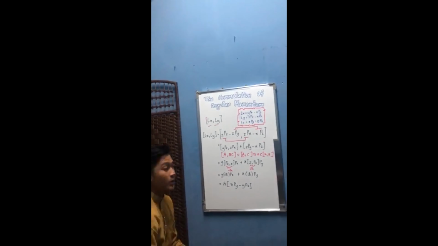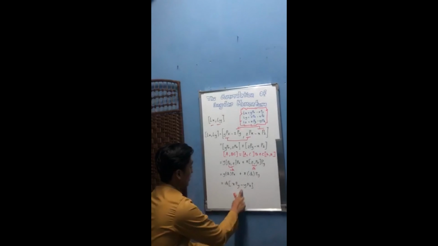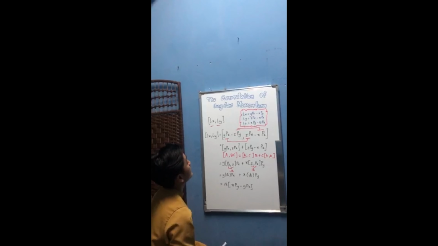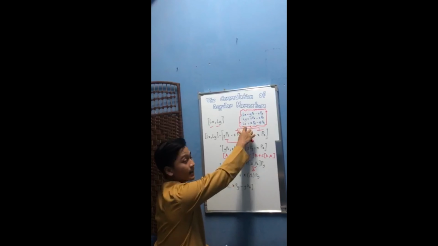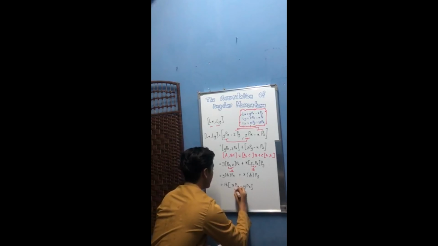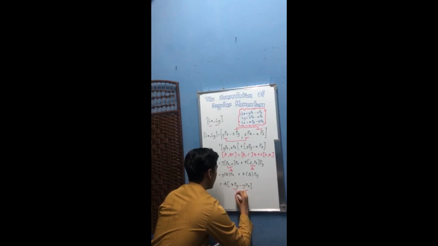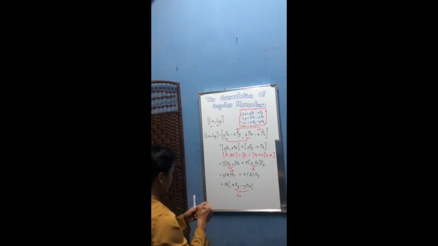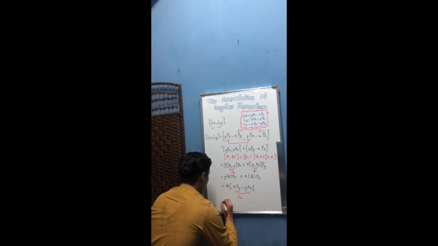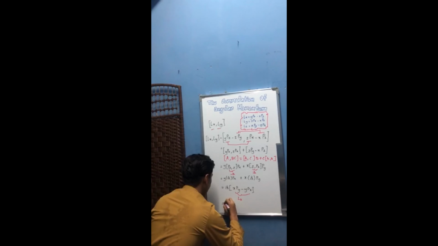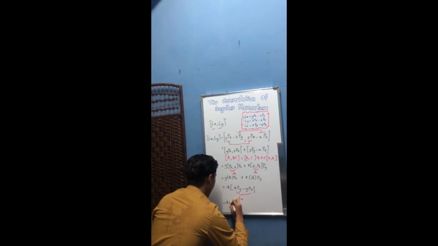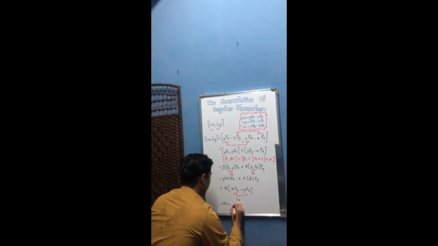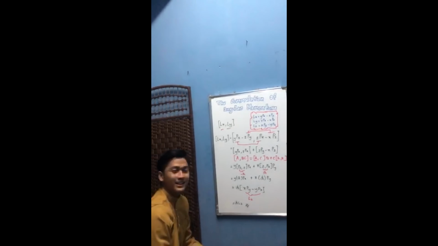That's it. xpy minus ypx is equal to Lz. So this is equal to Lz, so [Lx, Ly] equals i h bar Lz. That's it. Done.